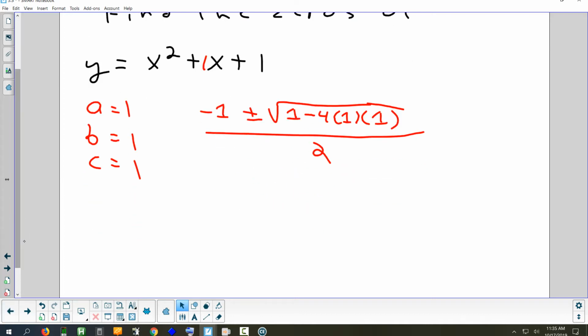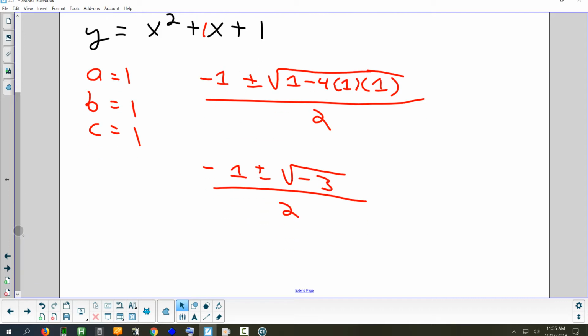Now simplify that as much as you can. Negative 1 plus or minus. Well, what's 4 times 1 times 1? It's just 4. What's 1 minus 4? Negative 3. So the only thing you have left to do is simplify the square root of negative 3. And that's what I showed you guys before we started the arithmetic.